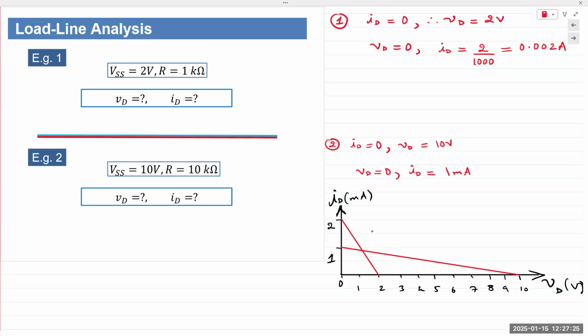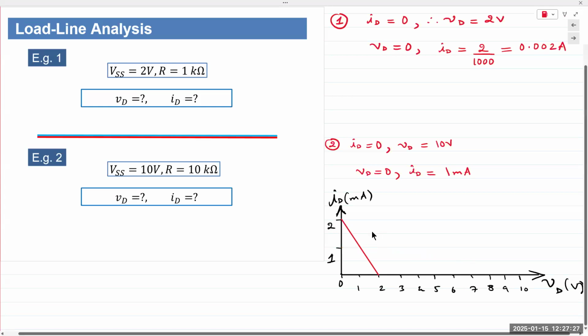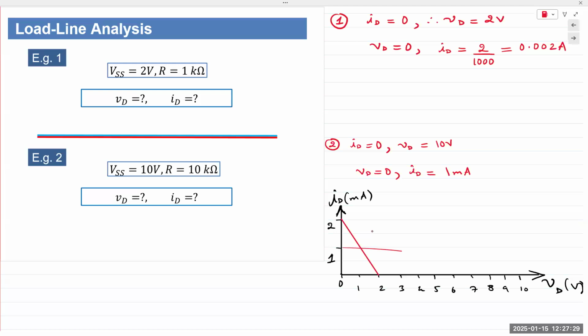Okay, almost close enough to 10. This is example 1, example 2. Here, if we had the same diode characteristic, we could actually take the intersection point and determine the operating point.